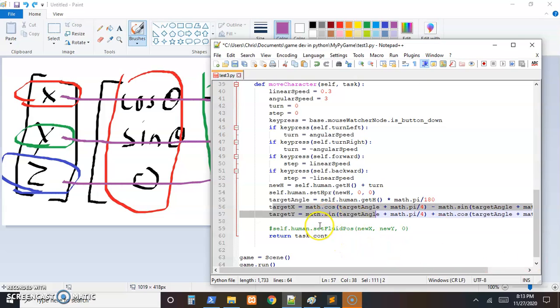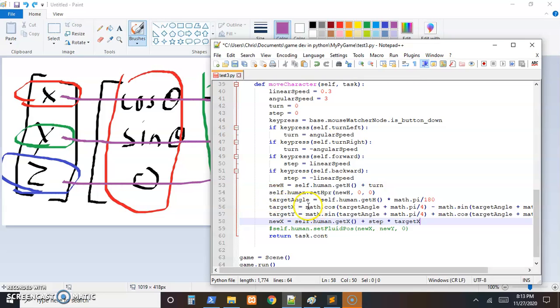And now that we have that angle, we can move in those components of that angle. So our new x is going to be the self.human.getX, where we were standing at, plus our step size times our target x.